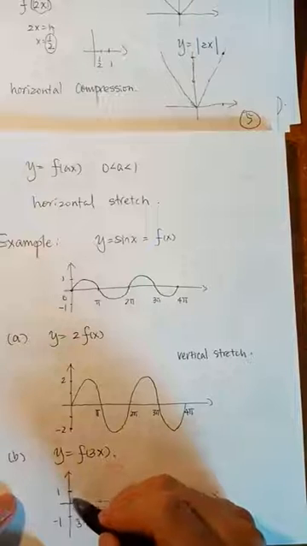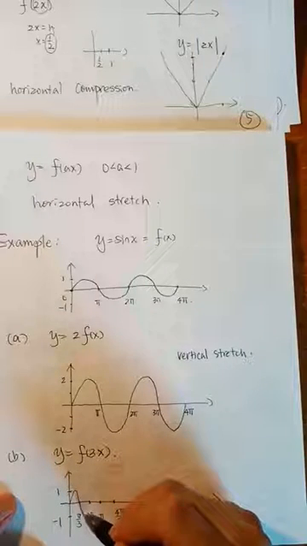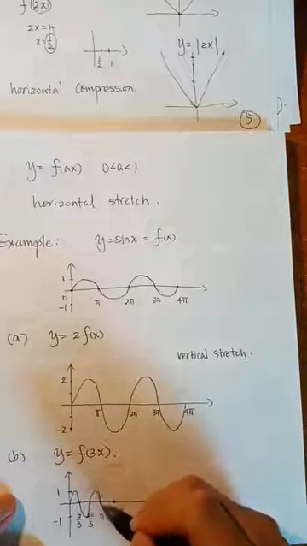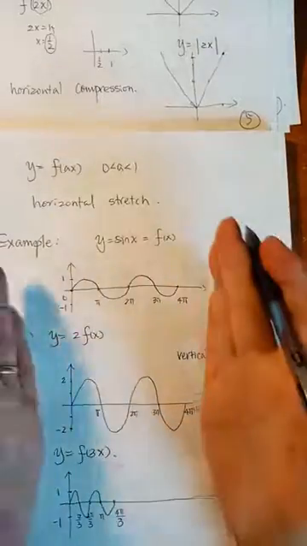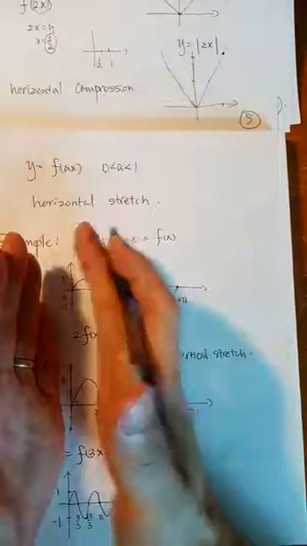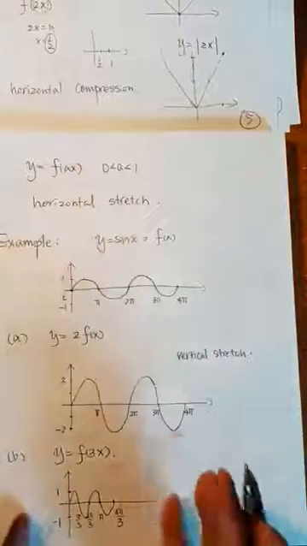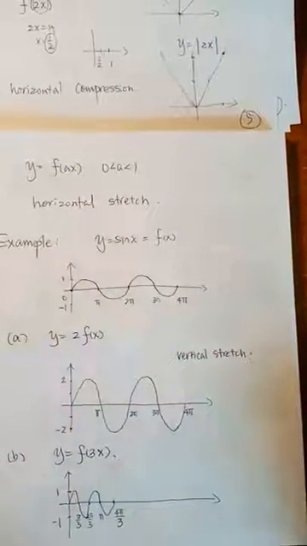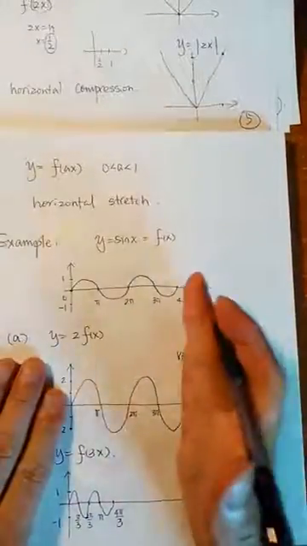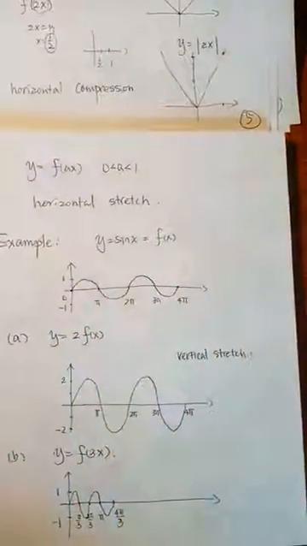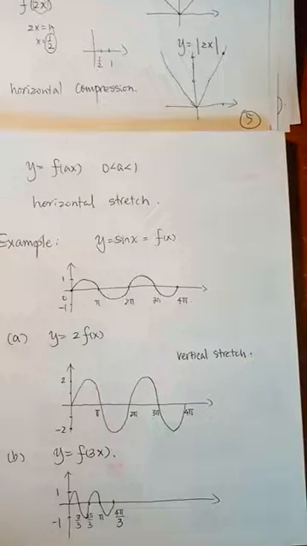And then you're going to have this, and this. You just compress the graph of the function to this new domain, 0 to 4 pi over 3. So you really compress it to the smaller domain.